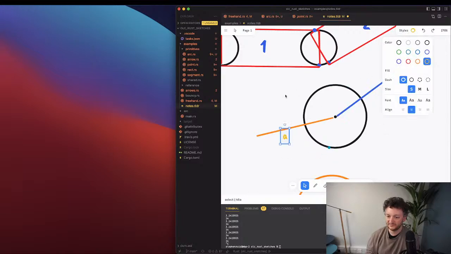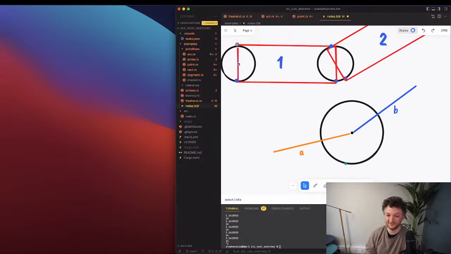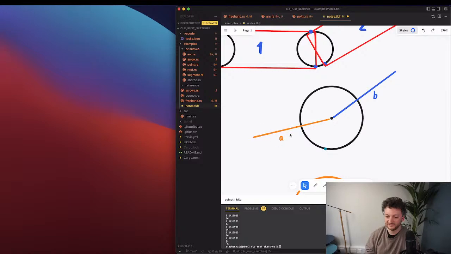So we have 2 lines, A and B, and those are the vectors between the points, the centers of these pressure points. So if we go 0 to 1 to 2, I'm going to need more stuff here.